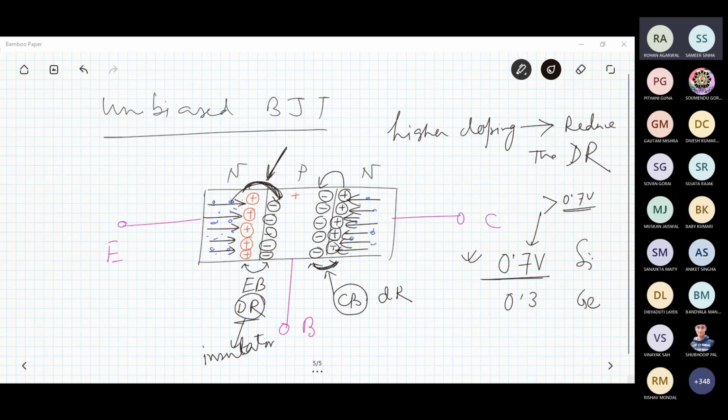What happened? Sharing is paused. Is the screen visible? Yes, sir. It was showing sharing was paused. No, sir, it is visible. Okay.